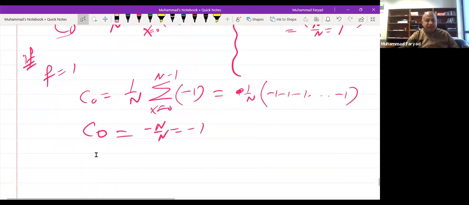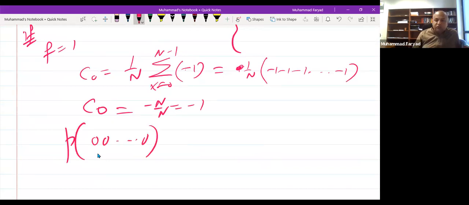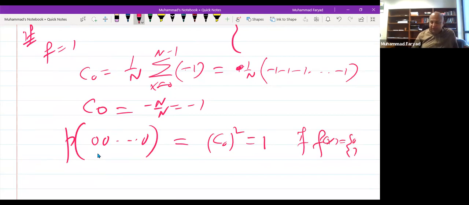And what's the probability of measuring all output 0? It is equal to C naught mod square, which is 1 if f of x is either 0 or 1. Because when it is 0 or 1, C naught is ±1, so C mod square is 1.